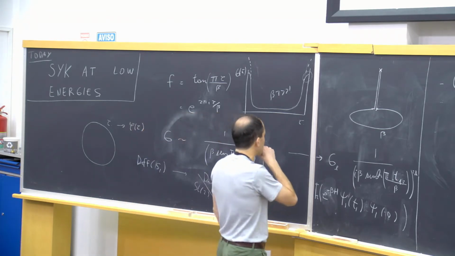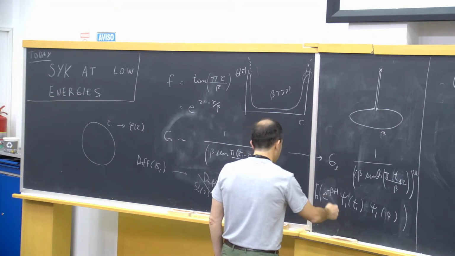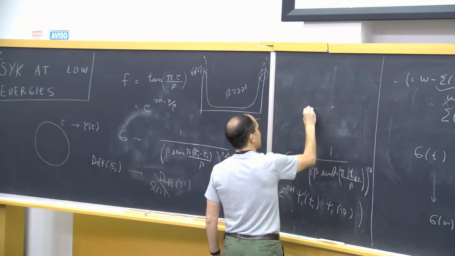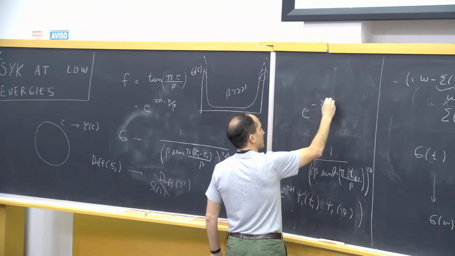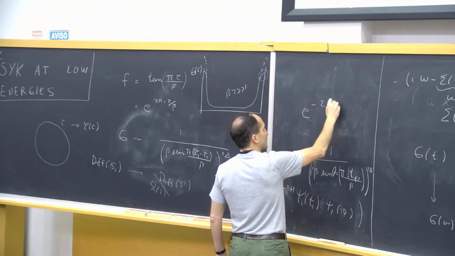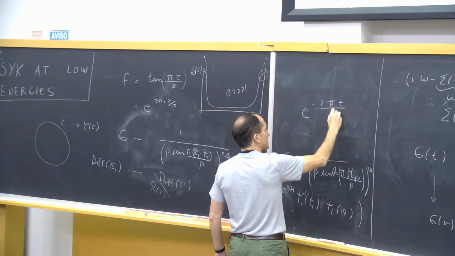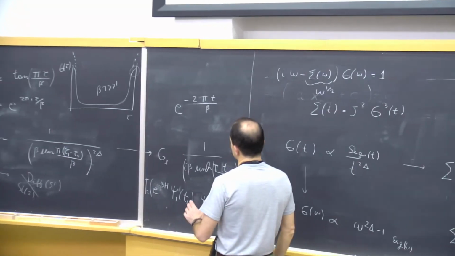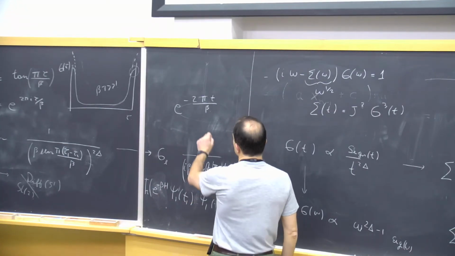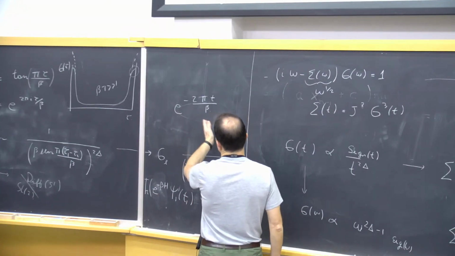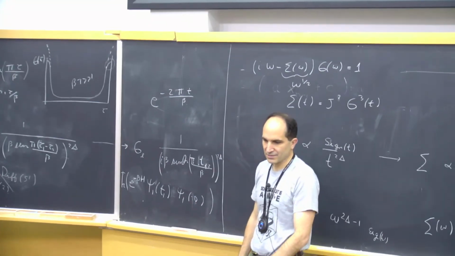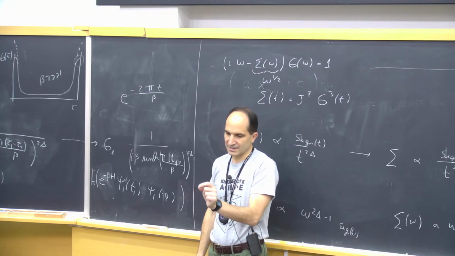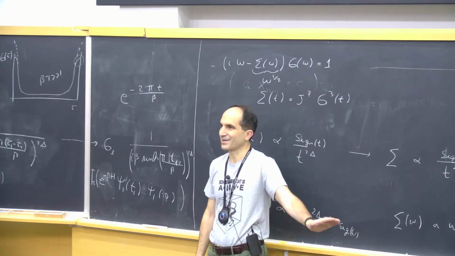I want to make now a point about the exponential decay of the two-point function. So we saw that it was exponentially decaying, and I just want to make a general point about the exponential decay of two-point functions. In a system with a finite number of degrees of freedom or finite entropy, you could not have the two-point function decay completely. You cannot start from a thermal state, perturb it, and then decay back to the thermal state.